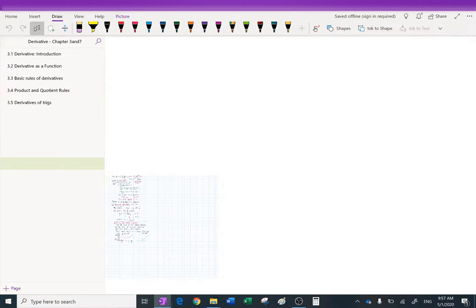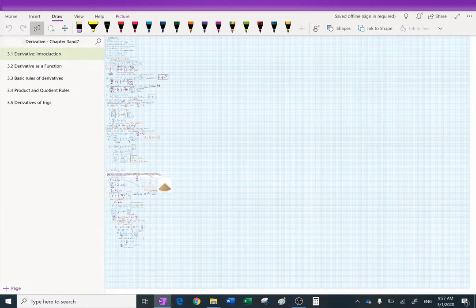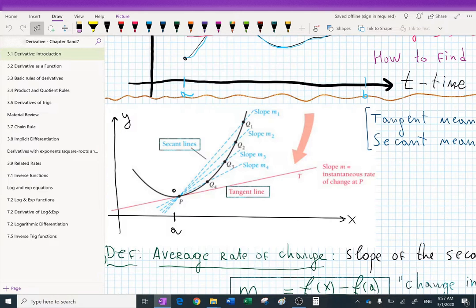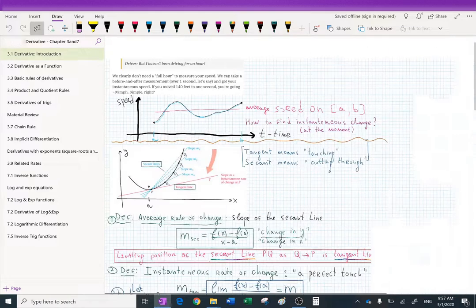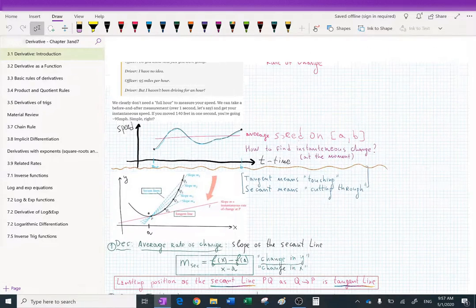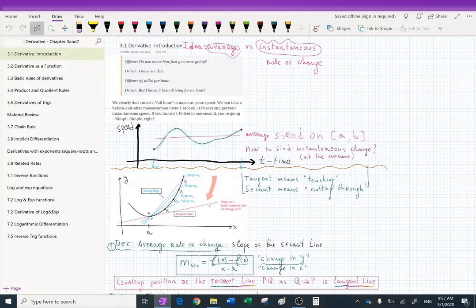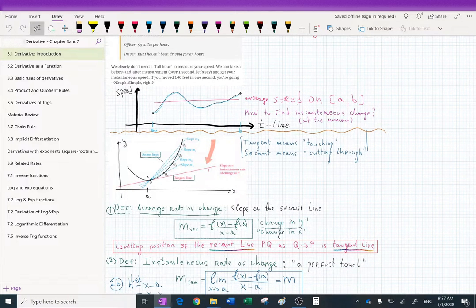From limits, we introduced the idea of the derivative. As you remember, we were asking you to find the derivative using the definition. By the definition, it was kind of a long process using the limiting position of the secant line.